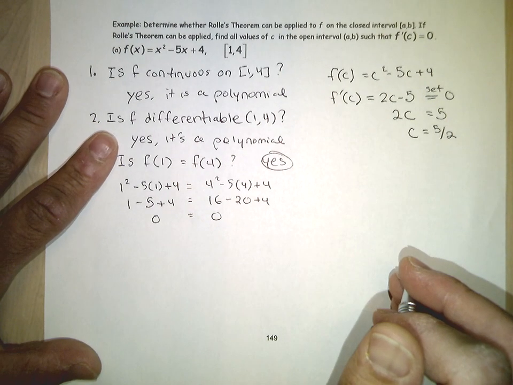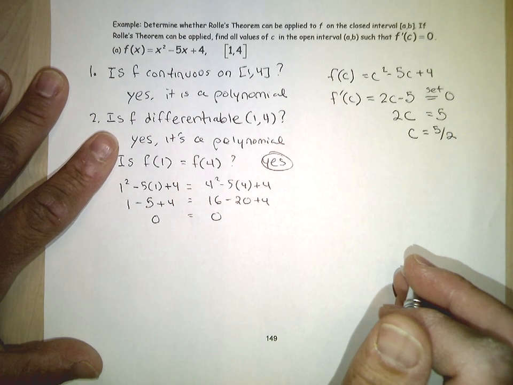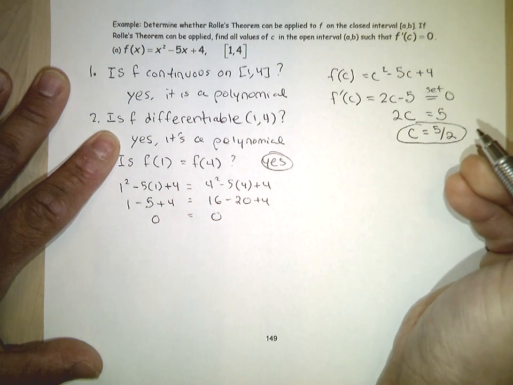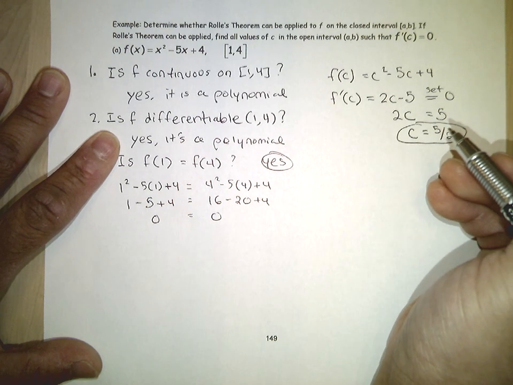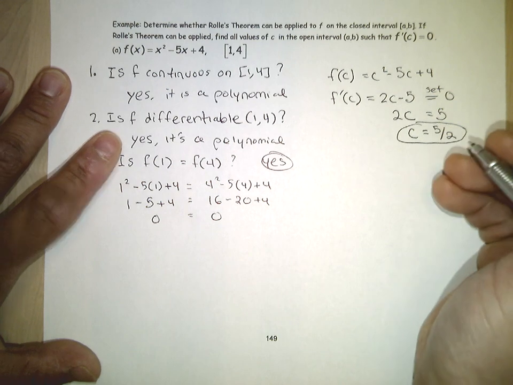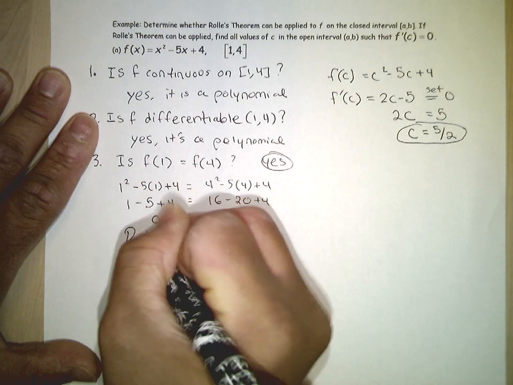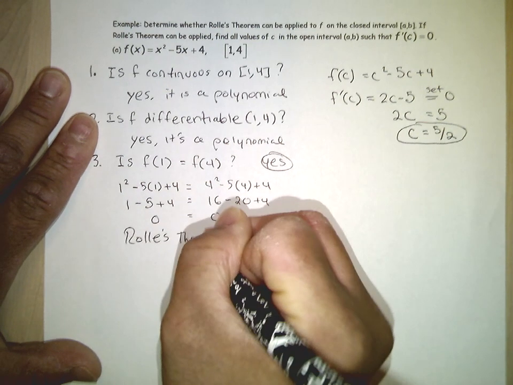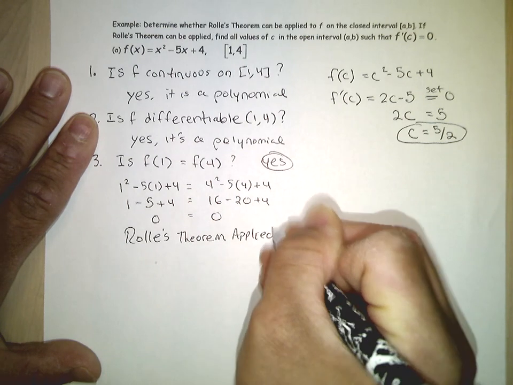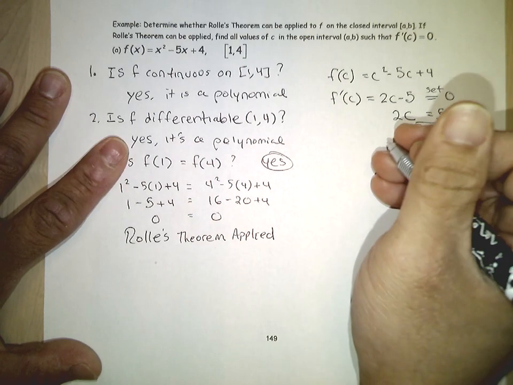So 5 over 2 would be the point where the derivative is equal to 0. And by the way, of course, I just said that Rolle's theorem applied, right?